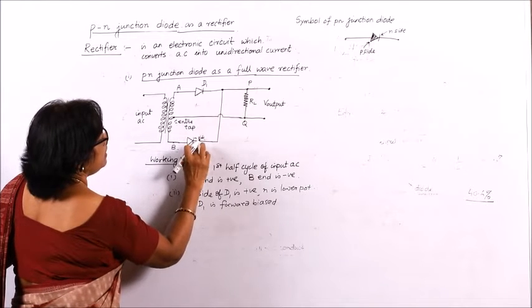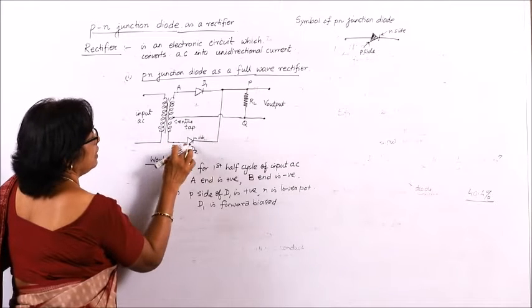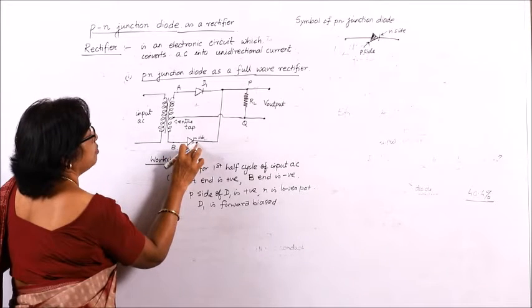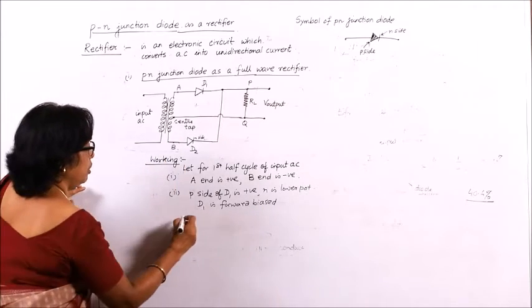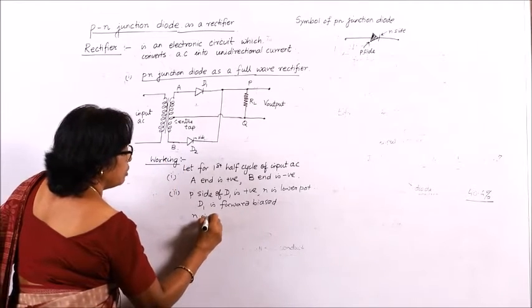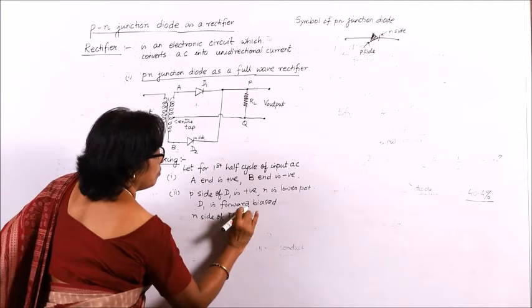So, the N side is plus 10 volt, the P side is 0. That means the N side is now at a higher potential than the P side. So, for D2, the N side is at higher potential.